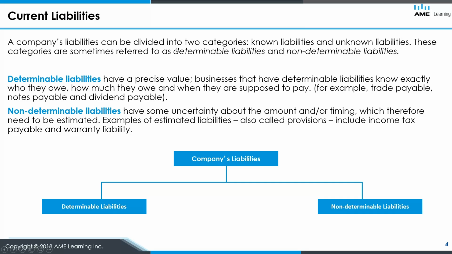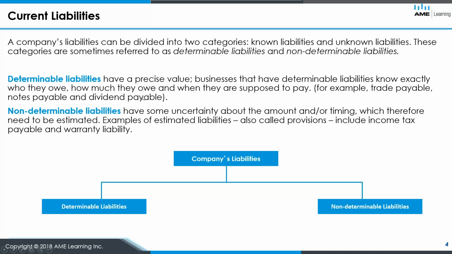There's a concept that we have here listed out as two categories of liability types, those that are known and those that are unknown: determinable and non-determinable. From a determinable perspective, these are things like an invoice that you receive, a specific amount that you're going to have to pay.